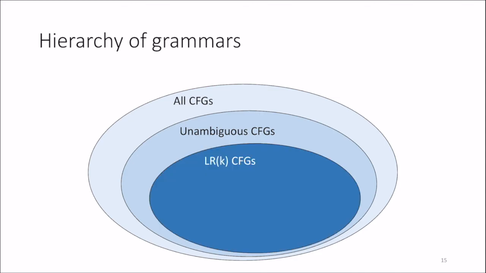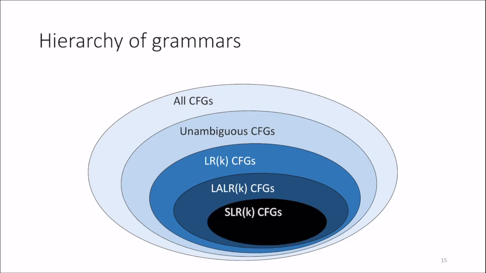So there is a set of LRK context-free grammars. LR, remember, means left to right, rightmost derivation, with K symbols of look ahead. So it's some constant K. That's now a subset of the unambiguous context-free grammars. You can subset that further to get the grammars that are used by Yak and Bison, called LALR. They are almost the same as LRK, just more efficient in terms of time and memory usage.